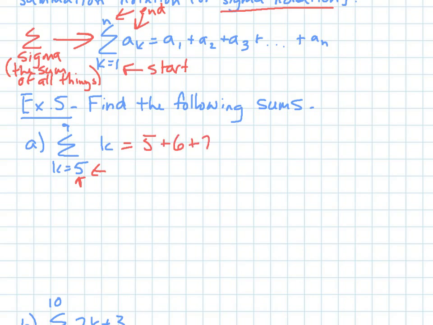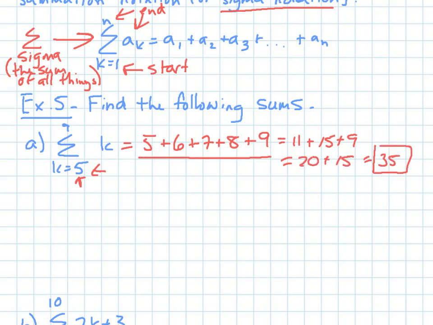Then I plug in 7, plug in 8, and then the last one is 9, so I stop. So now I want to find the sum of these terms together. So that makes it 11 plus 15 plus 9. 11 plus 9 is 20. So 20 plus 15 gets me 35. Okay? And so that would be the sum.